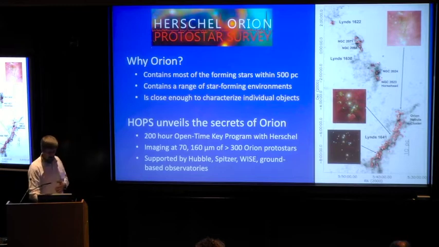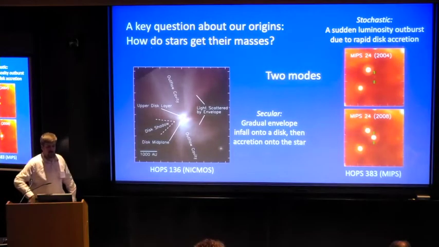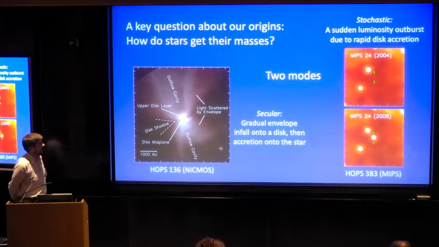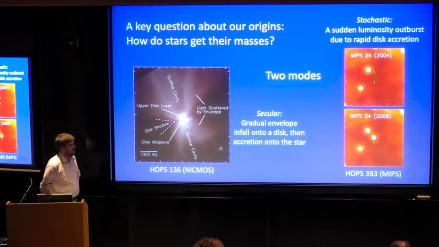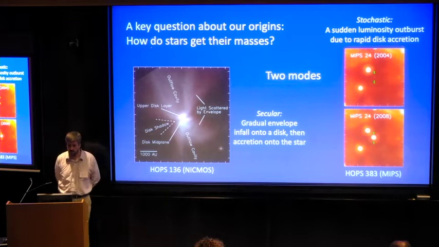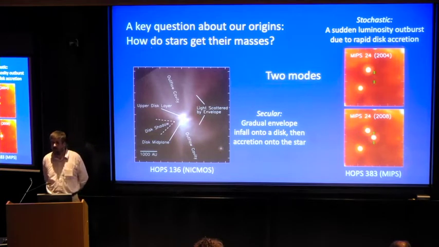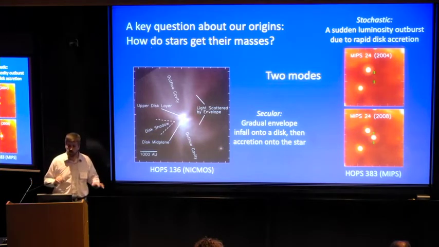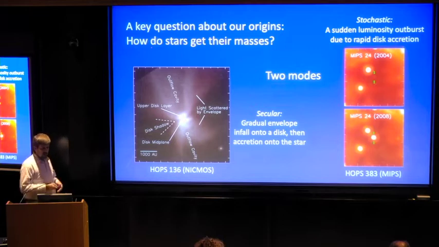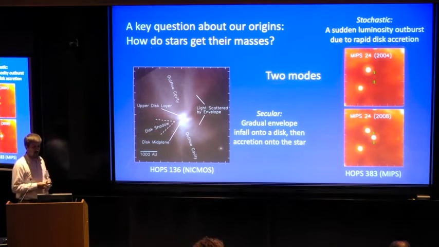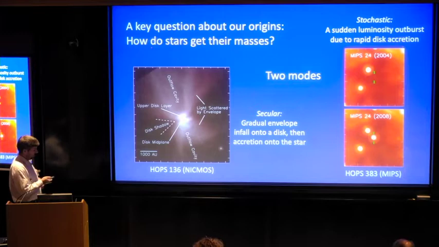So a key question that I want to look at is, how do stars get their masses? Now, there are a range of accretion intensities and accretion processes in protostars, but to simplify things, I want to talk about two distinct modes. This was first laid out in our Protostars and Planets paper a few years ago, the distinction between secular accretion and stochastic accretion.